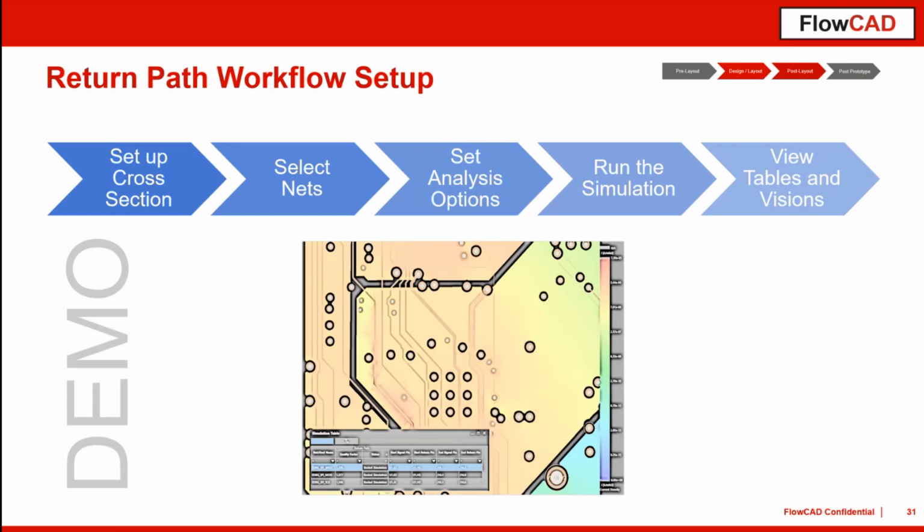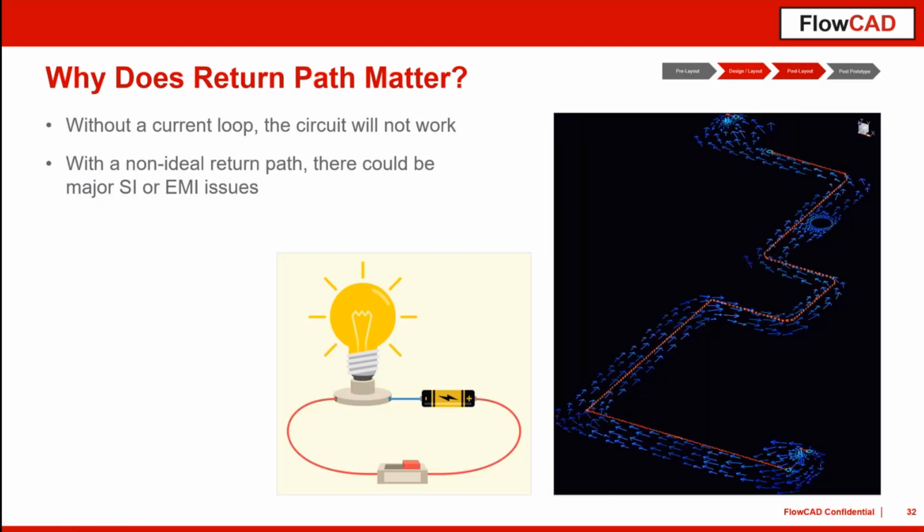And last but not least, we also talked about the return path. If you remember the beginning, when I showed you the impedance matching or impedance analysis. Here, for example, we can see how this return path can be visualized with this workflow.